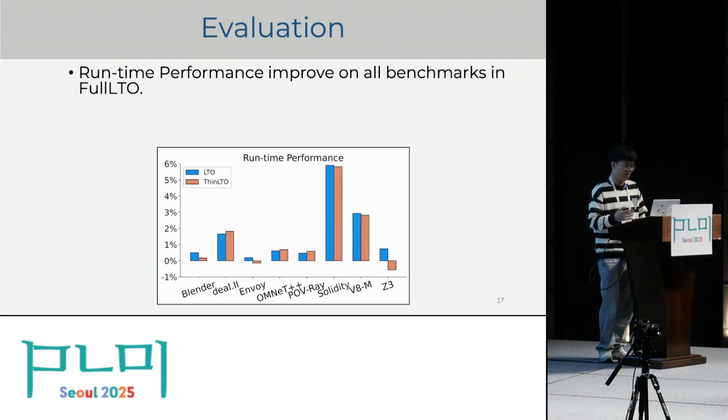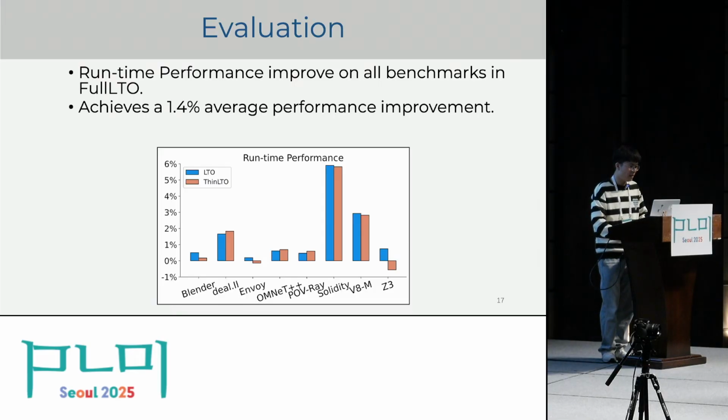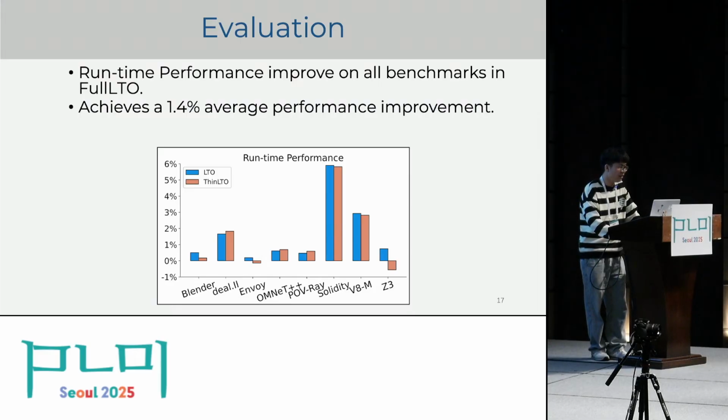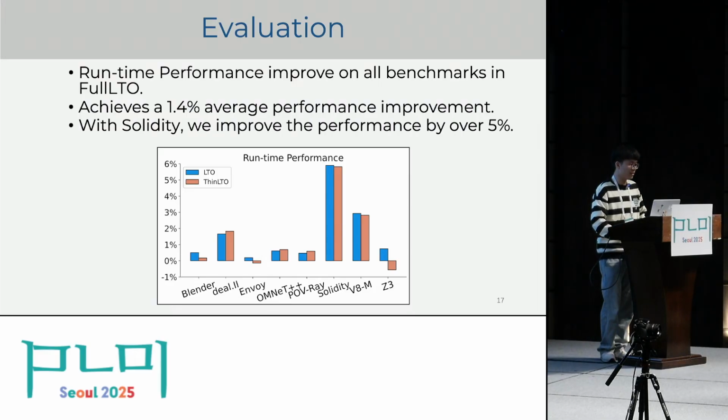Now let's look at the evaluation results. We saw runtime performance improvement on all benchmarks in full LTO, and on average we achieved 1.4% performance improvement. Especially for the Solidity smart contract compiler, we got over 5% speedup.